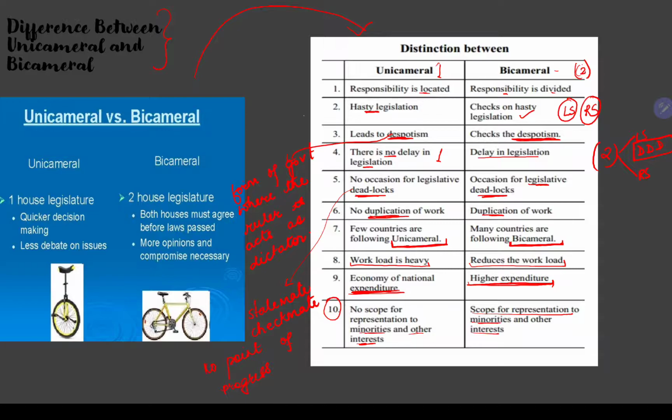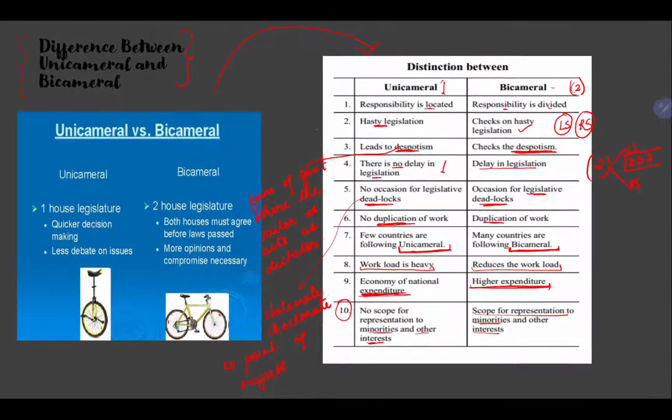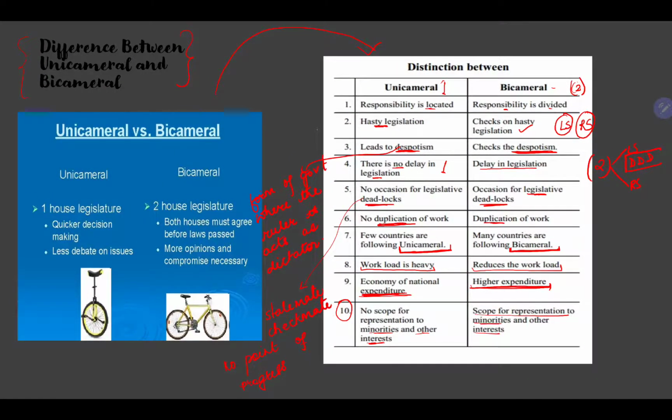Okay, you need to understand this. It's very easy. Now let's come to this part. Unicameral is a one house legislature, with quicker decision making and less debate on issues. Bicameralism is a two house legislature, both houses must agree before laws are passed, and more opinions and compromises are necessary.